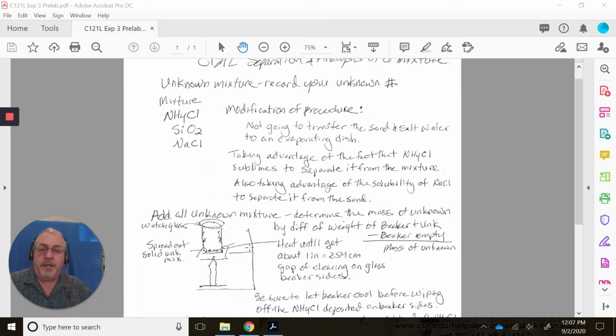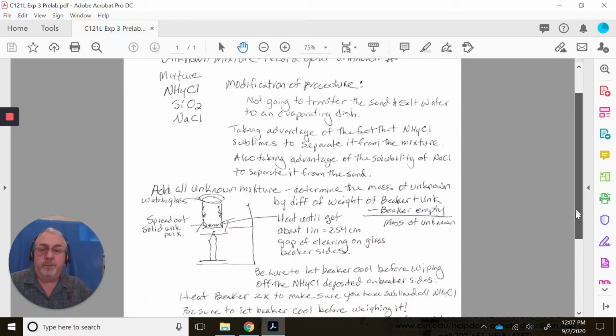And so we'll take a wet paper towel, you'll see Professor Hammond, and then wipe that out. And then we're going to heat it a second time, right, to make sure that we got all of the ammonium chloride removed from the mixture.